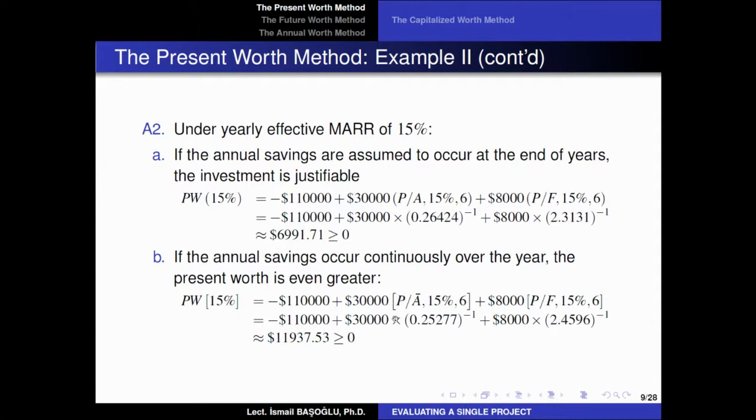Therefore, we need to multiply that with a uniform series present worth factor under continuous payment. So for continuous payments, we use P over A bar. Remember, A bar is the continuous payment, the annual continuous payment rate.